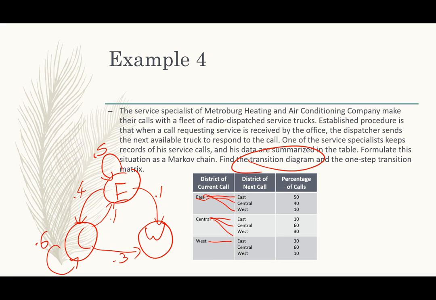All right, and then lastly, west to east is 0.3. West to central is 0.6. This is looking terrible, but it'll probably look better when I do it in class. West to west, back upon itself, is 0.1. So there's your very pretty transition diagram.